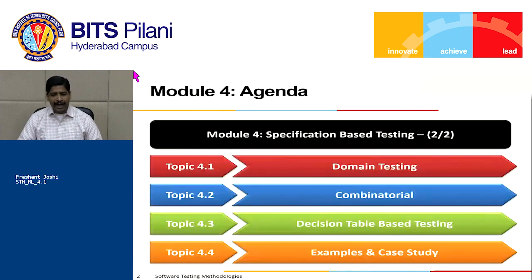So just a quick recap of what we are going to look at in this module: 4 topics. The 4 topics are domain testing, that is what we'll look at right away. Then we look at 2 very interesting subtopics, which are combinatorial and decision table based testing. I think these two, along with equivalence class and boundary value, will form that solid foundation that we need for software testing techniques.